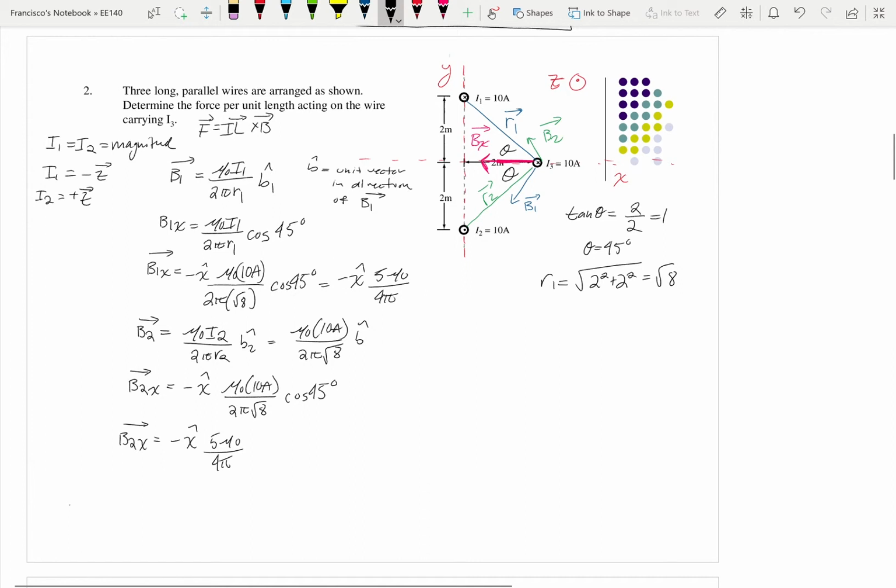So we know Bx equals negative x direction times B1x plus B2x, just the magnitude.